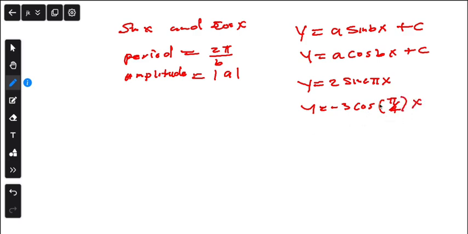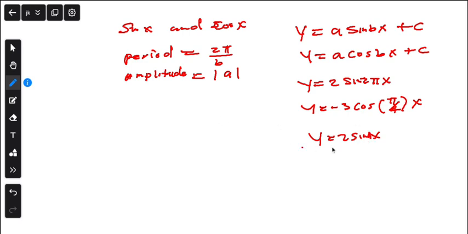So this one is also the format. Now how do you find the period? If you haven't been given any angle, meaning the angle here is just going to be 1.